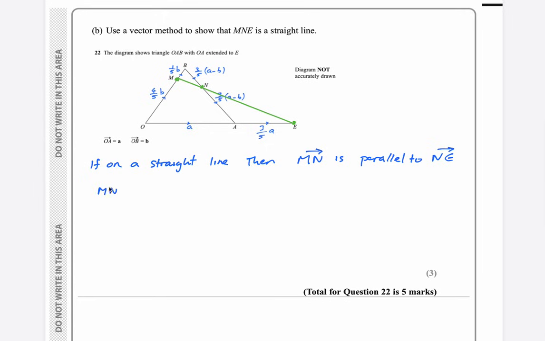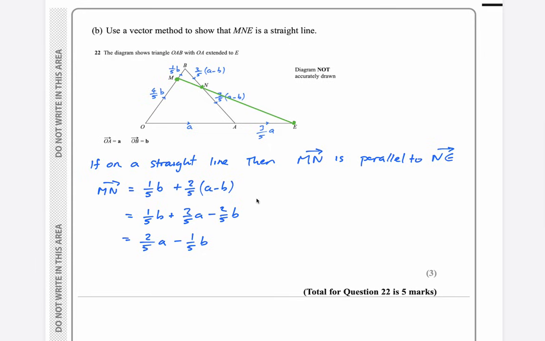So MN is, we're going to go a fifth b, so we've already drawn these out, which is useful. So we've got a fifth b plus 2/5 of this, which is 2/5, well, a minus b. This is a fifth b plus 2/5 a minus 2/5 b, which is 2/5 a minus 1/5 b, because it's a fifth b minus 2/5 b.